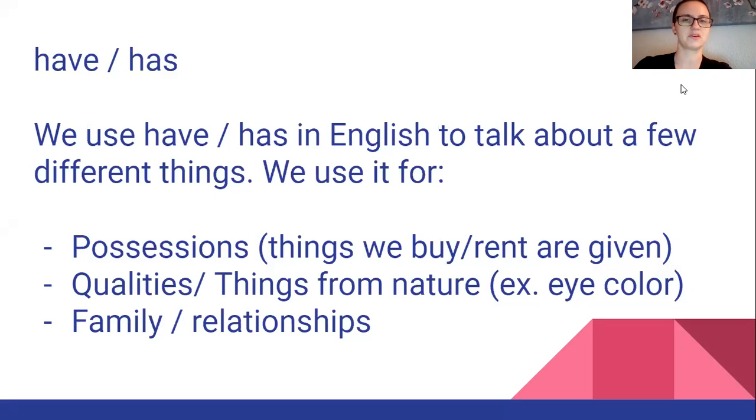There are more things than just what's on this list, but we're just going to mention three. We use it for possessions, so things we buy or rent or things we are given. We can say I have a pillow, or I have a chair, things we bought. Things we rent, I have an apartment. I don't own the apartment, but I pay rent for it, so I could say I have an apartment.